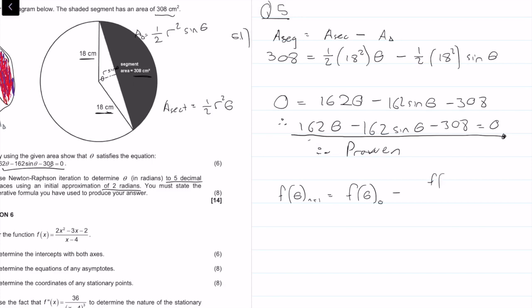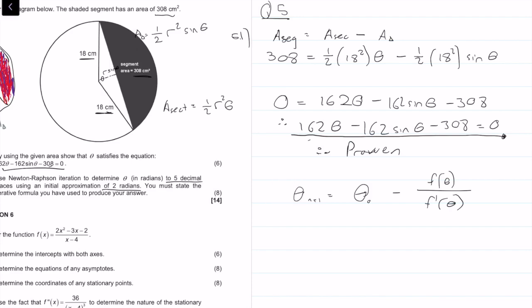f of theta, sorry, that's theta naught, so that's the actual value of theta naught, over f dash of theta, which is our derivative. That's what Newton-Raphson's method looks like.